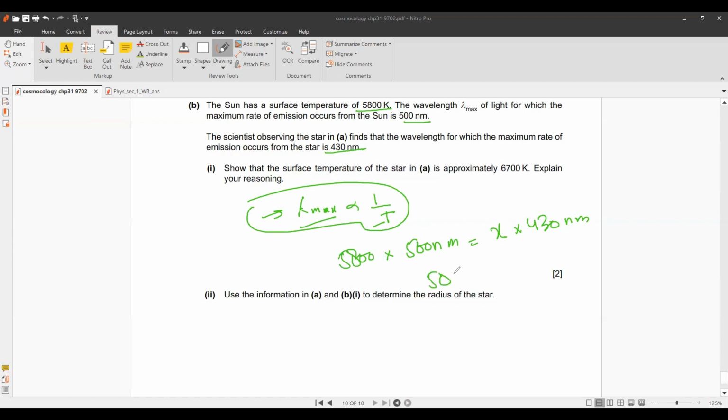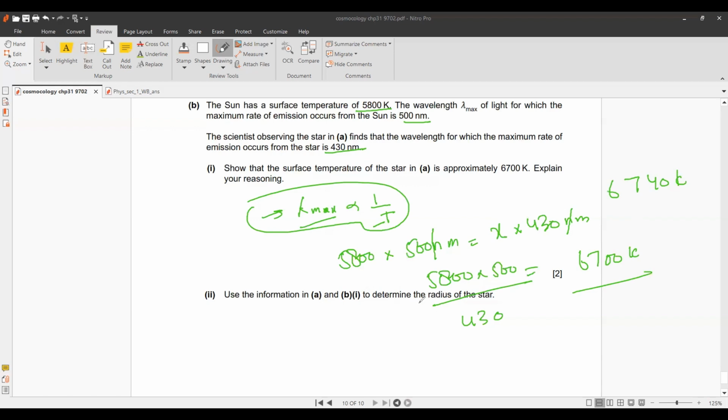So 5800 into 500 over 430. Nanometer would be cancelled with nanometer, so we do not need to write that unit. What value of temperature did we get? 6,700. As per my calculator, it's giving me 6740 Kelvin, which could be rounded off to 6,700.